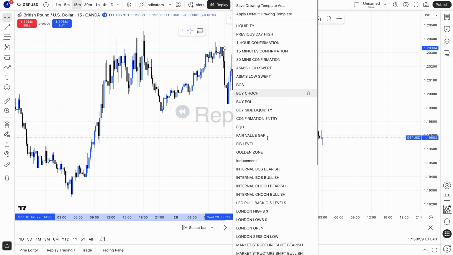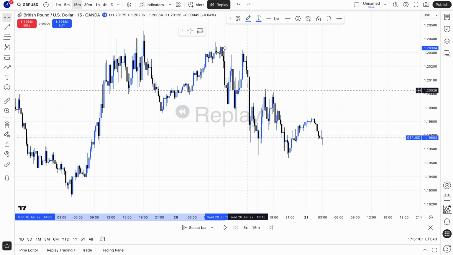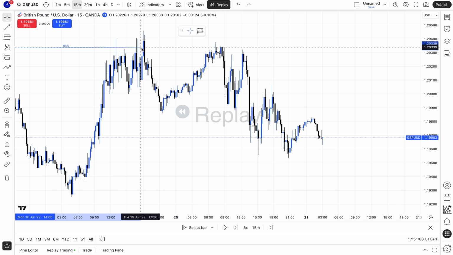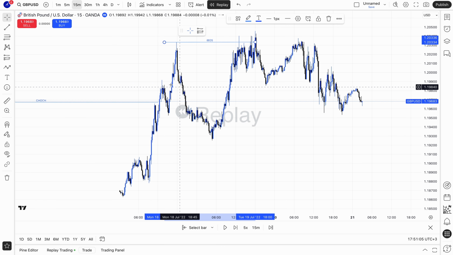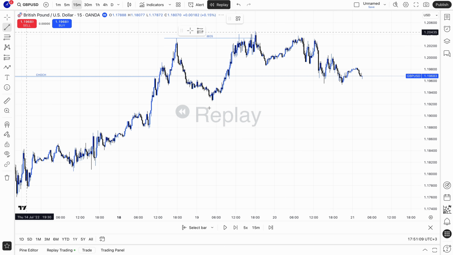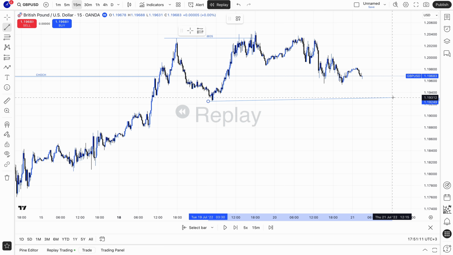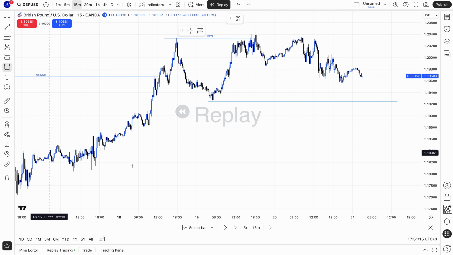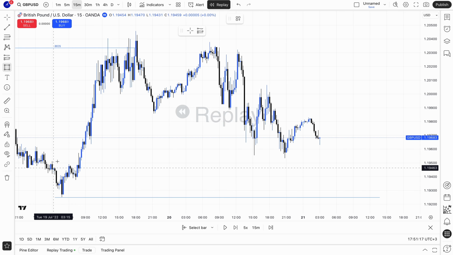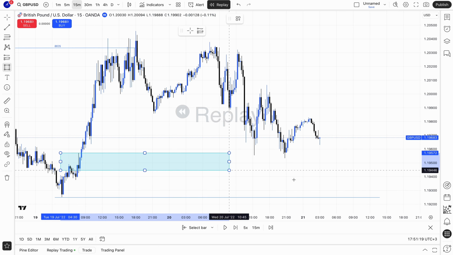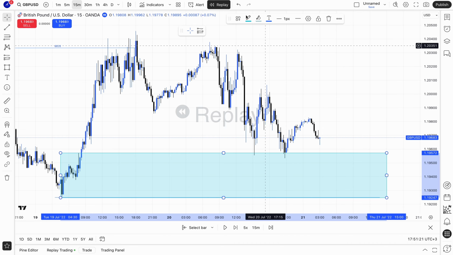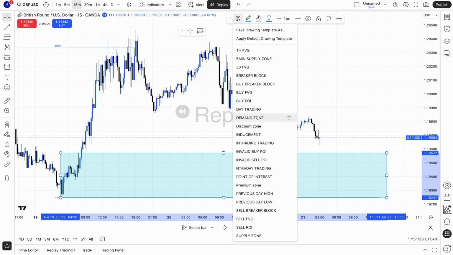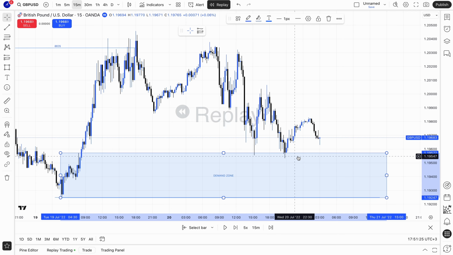The break was for 15 minutes, right? Still, it's a break. And our new swing low is here, and our demand zone is here. We need to wait for London open.